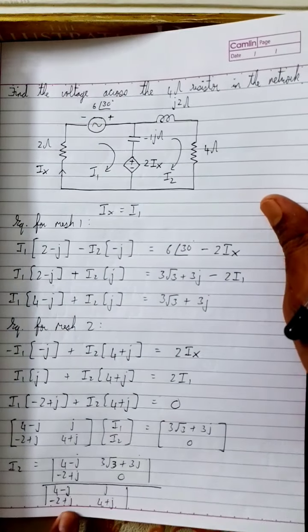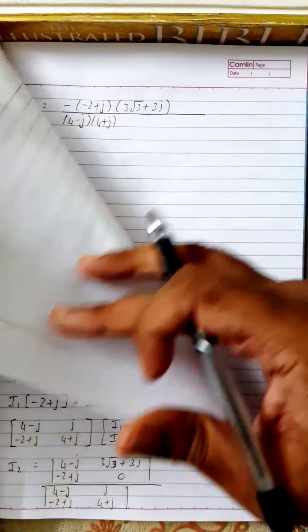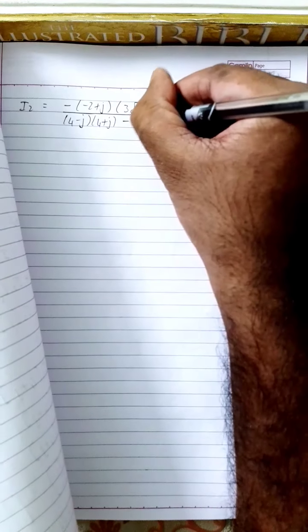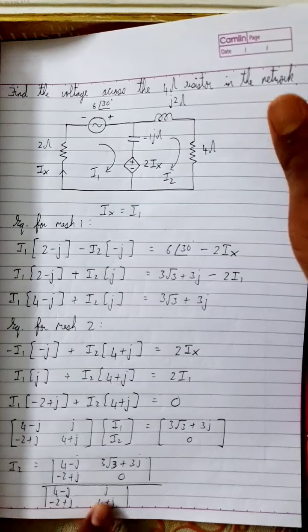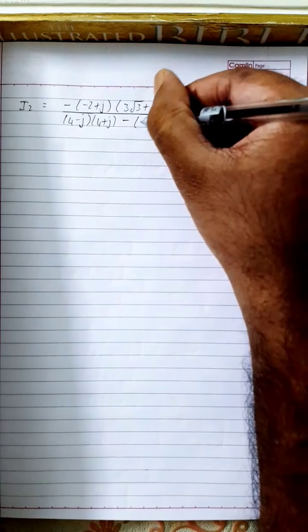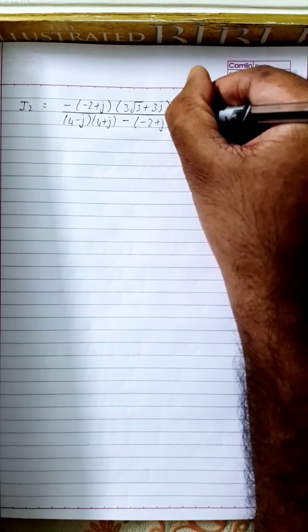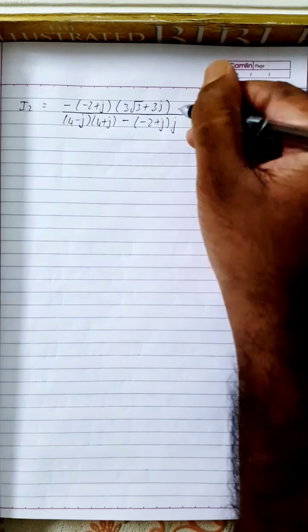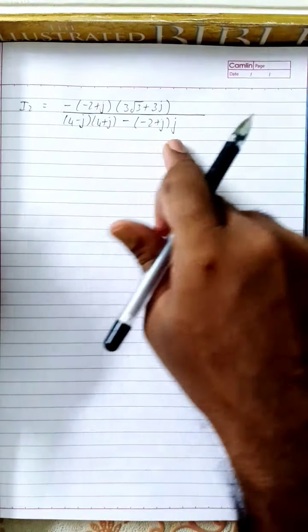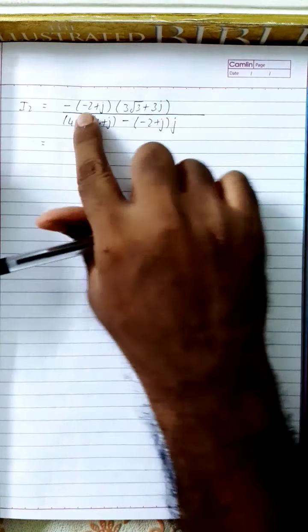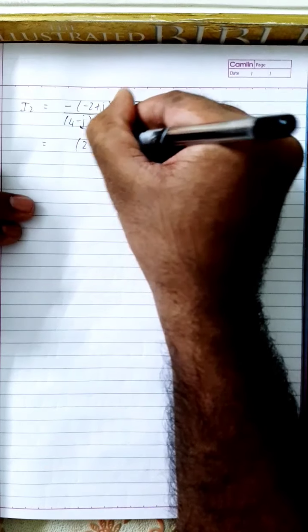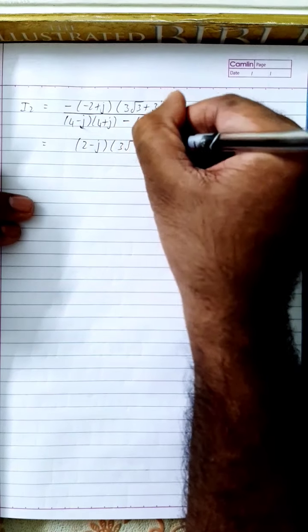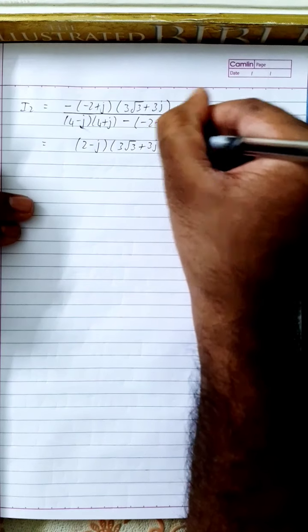Then we have minus of minus 2 plus J into J. This is the equation. So let me first simplify: if I put the minus inside, this becomes 2 minus J. This is 2 minus J into 3 root 3 plus 3J, right?